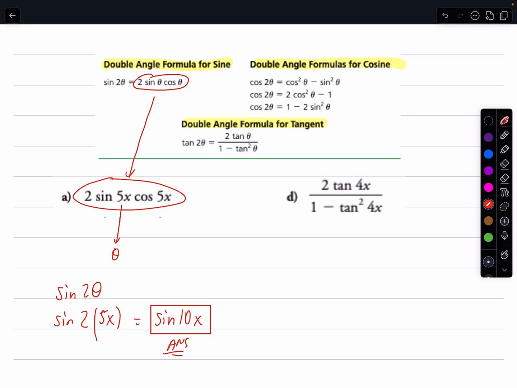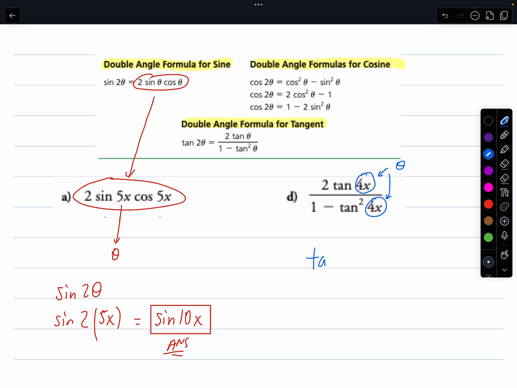Okay, let's look at question D. I can clearly tell it's a fraction and it's using tan, so for question D it's going to be this formula. The question is, what is theta? If I look over here, I can tell that my 4x is theta.